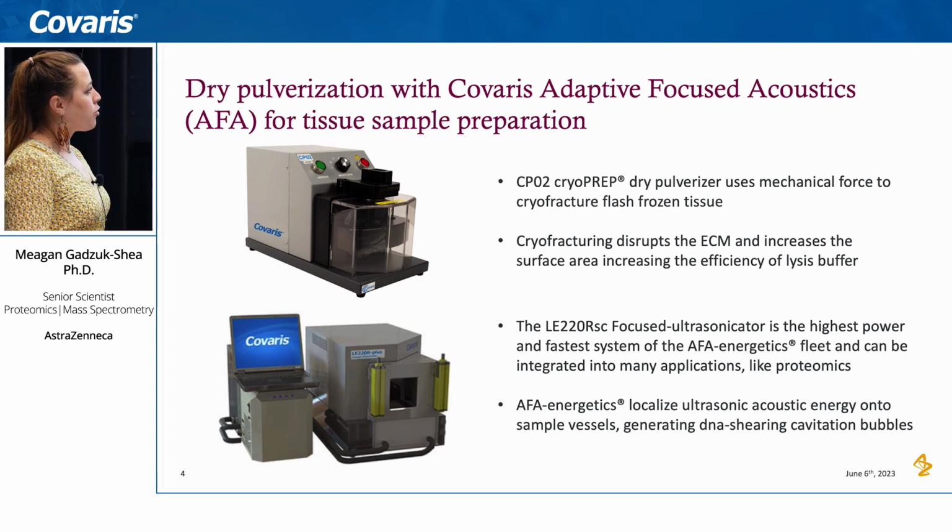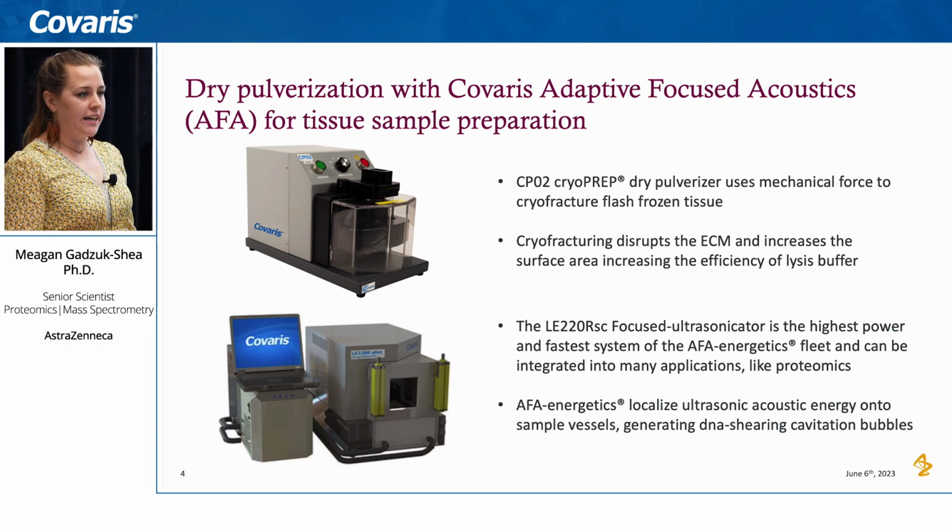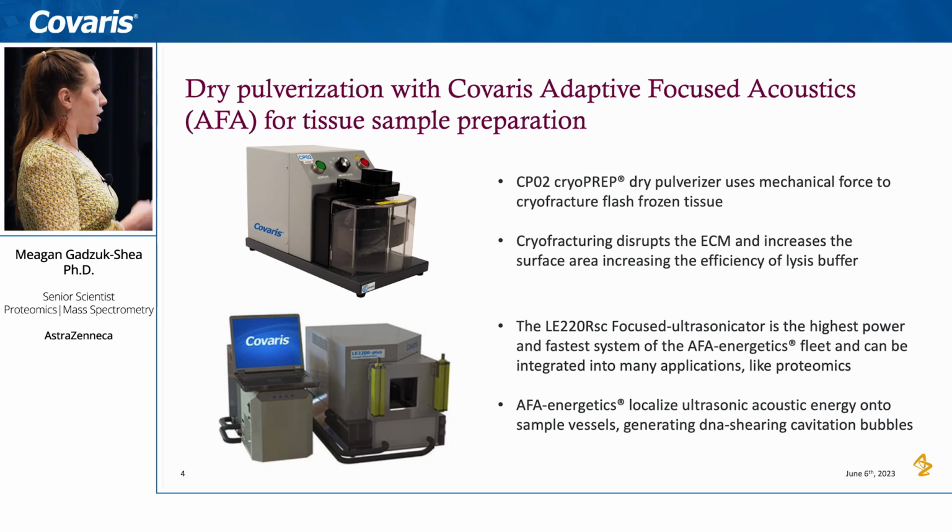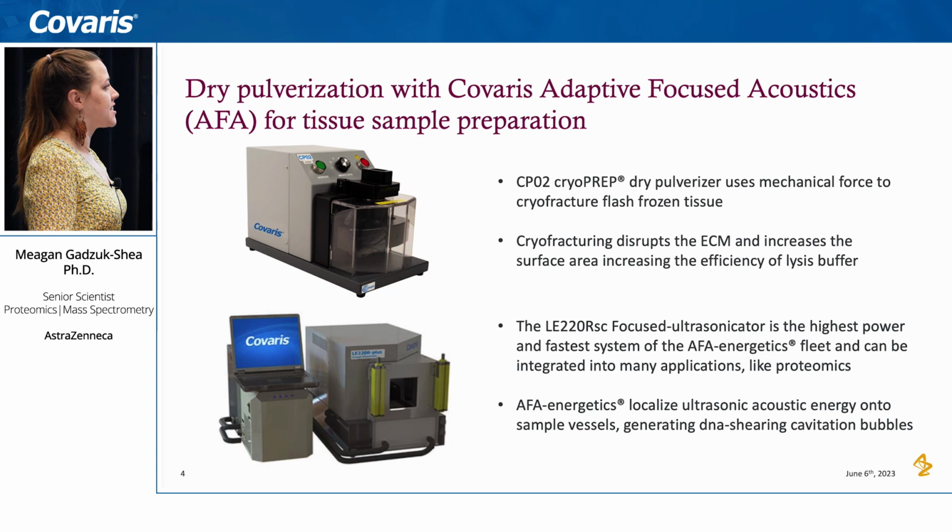And then for the AFA, so the DNA shearing and homogenization, we're using the LE220RRC. I'm not going to say that anymore in this presentation, but focused ultrasonicator. Within the fleet that Covaris has put out, this is the fastest system, and it can be integrated into many workflows, such as proteomics, which is primarily what Juan and I do on our team.